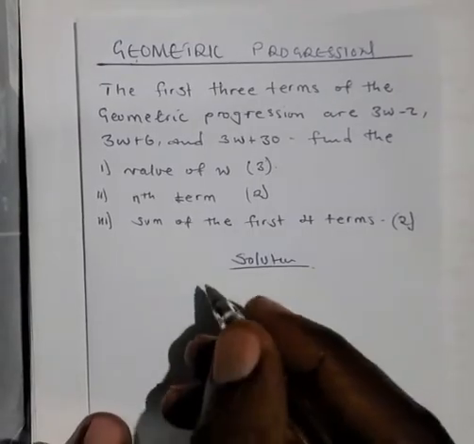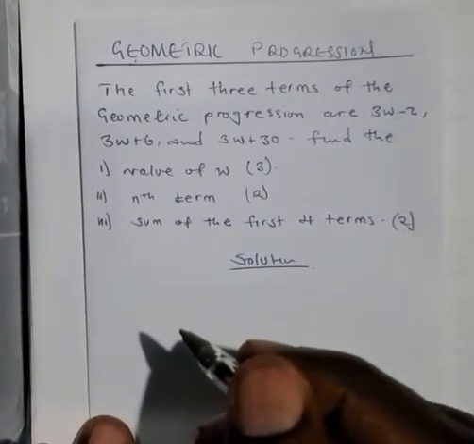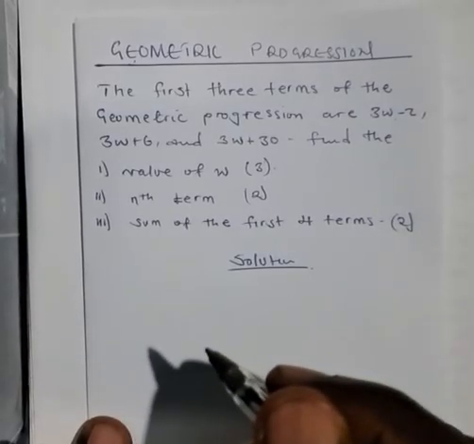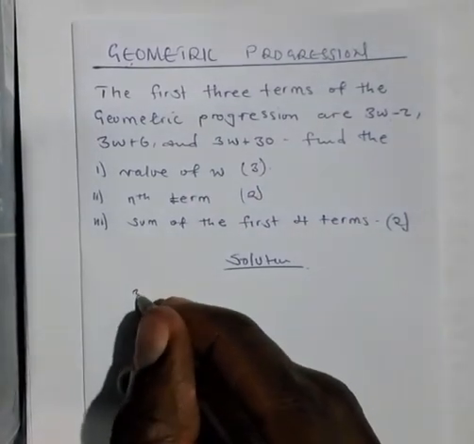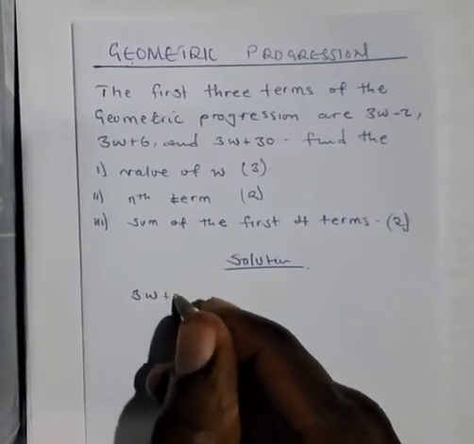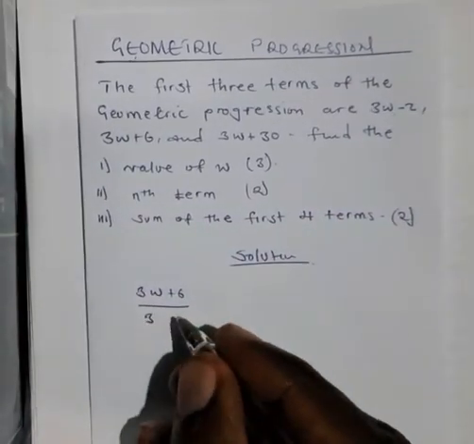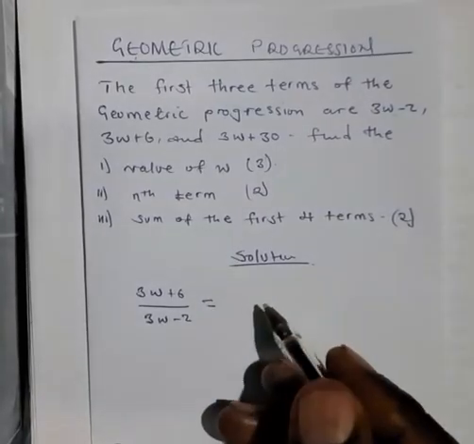So if we get the second term over the first term, it is equal to the third term over the second term. What is the second term here? The second term was 3w plus 6, over the first one, 3w minus 2, is equal to, what is the third term?